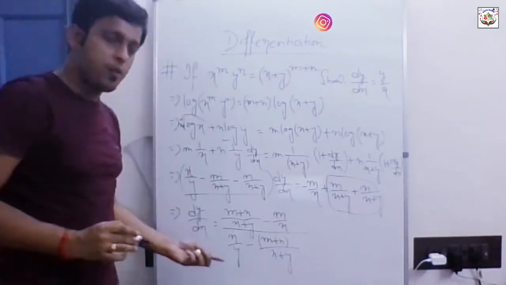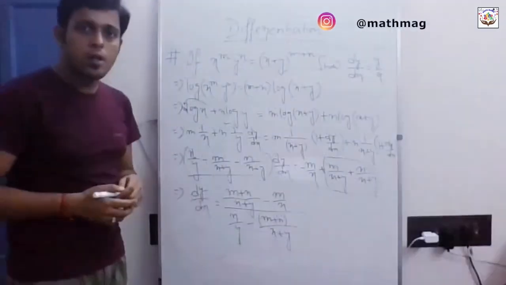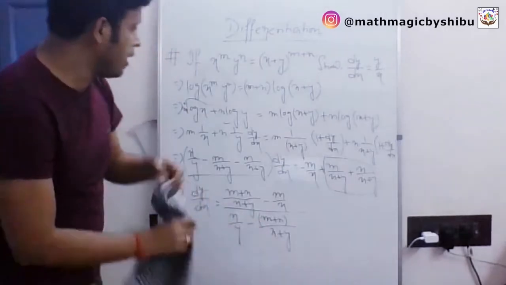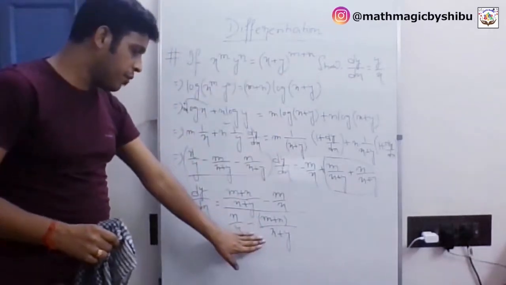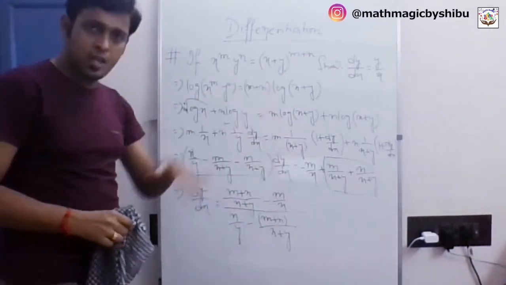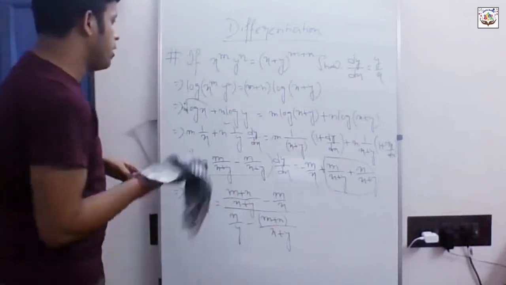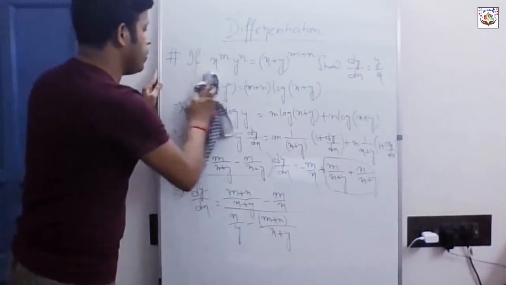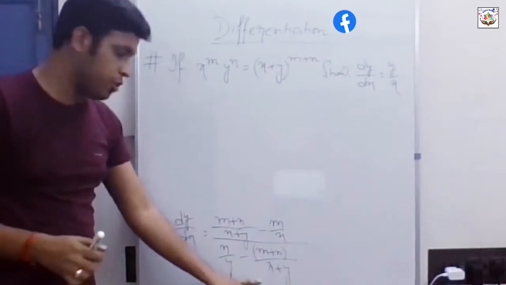I hope you have understood up to this part, right? Now we will clear the first part, we will just keep this part to get the last part of the solution. Okay, just wait a bit. From this part we need to complete the solution.